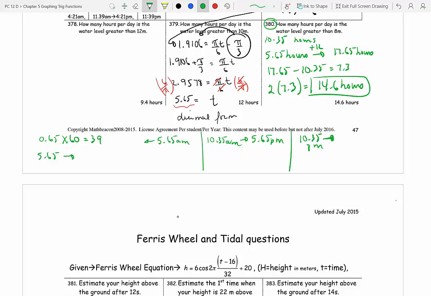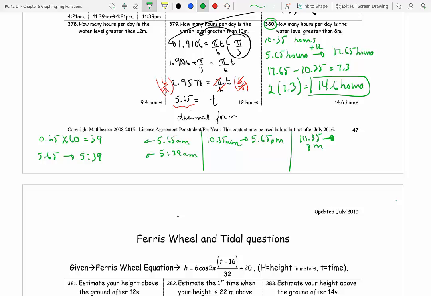So 5.65 converts into 5 hours and 39 minutes, and that makes sense. You know, 0.65 is just over half of an hour, and so is 39 minutes. Okay, so this then becomes 5 hours and 39 minutes a.m.